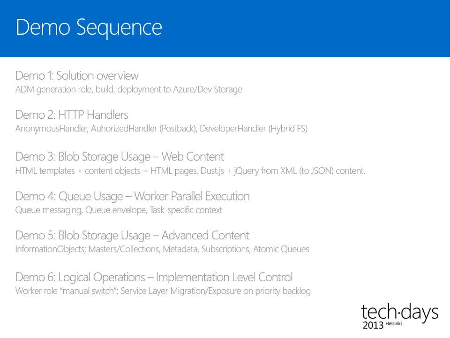Then demo 3 will be about blob storage usage for web content, with a few words about HTML templates to be rendered as HTML pages. That was actually the technology that we used at the early stage of the platform, about last year's September, October.